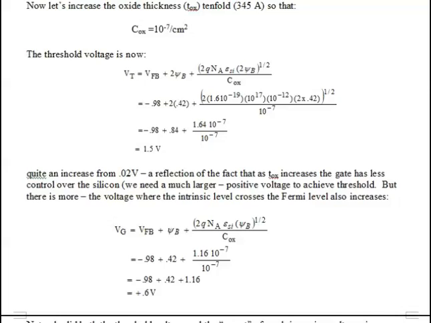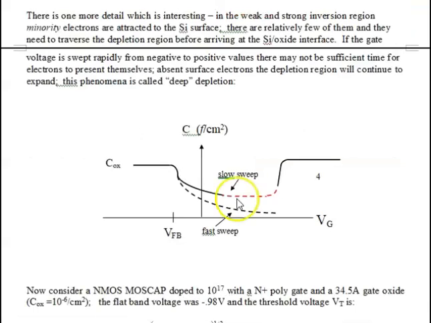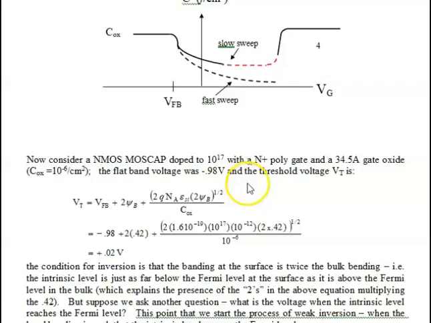And we can go through the same exercise that we went through before, looking at where the onset of reconversion occurs. That's this value of V1 right here. That's where we have the interface between depletion and reconversion, where the intrinsic crosses the Fermi level.